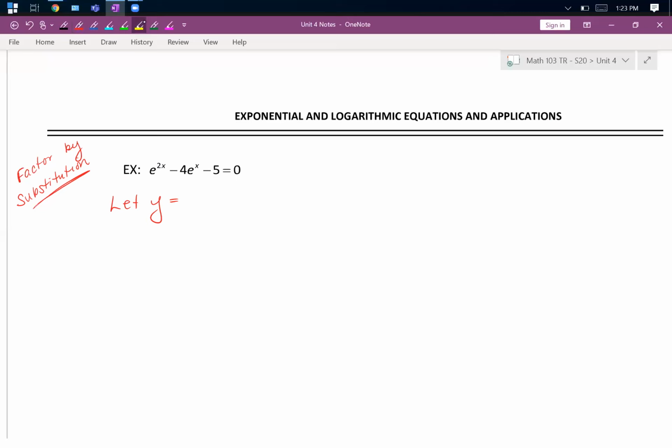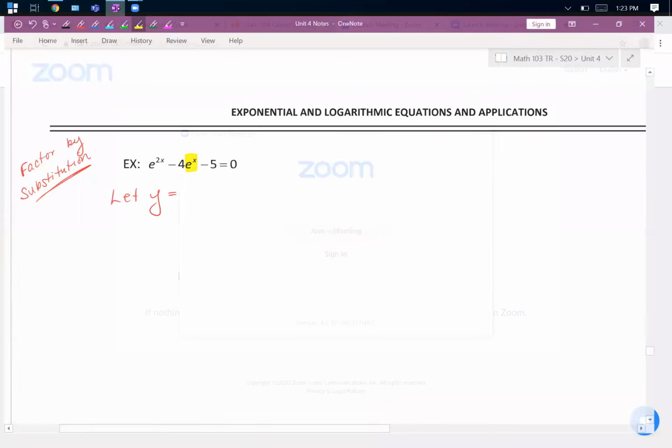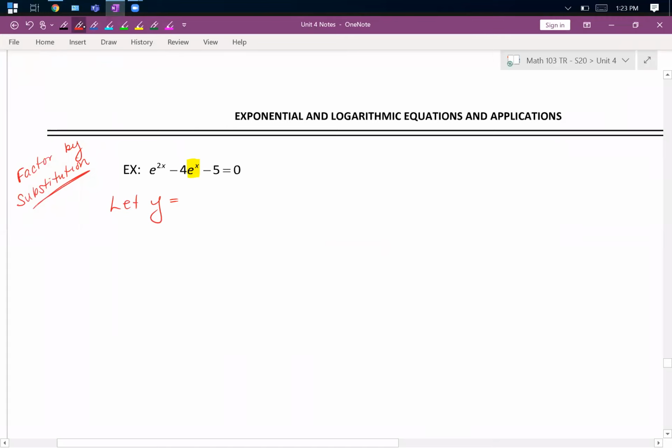Well, anytime you're doing factor by substitution, your substitution is always the variable portion of your second term. So we are going to substitute y in for e to the x.